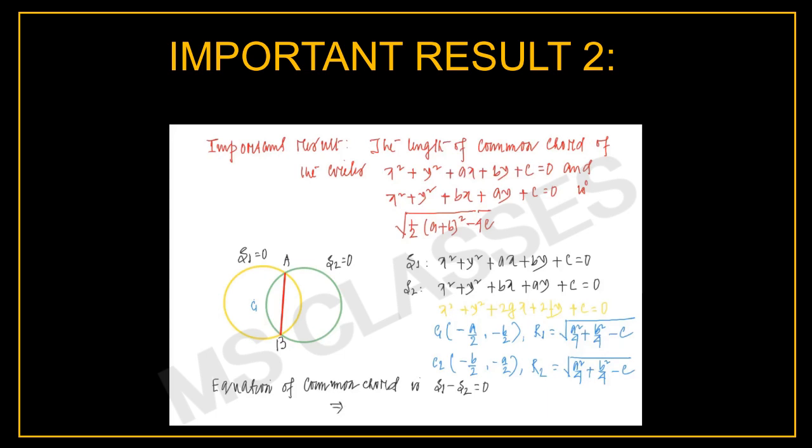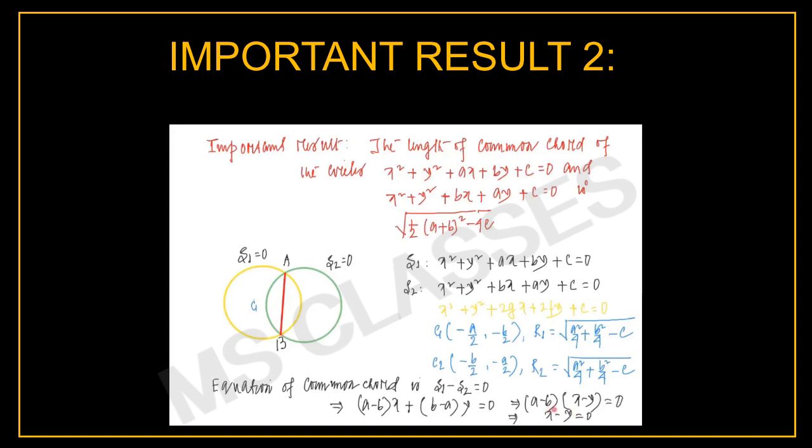From this we get (a minus b) x plus (b minus a) y equal to 0, which we can further simplify as (a minus b)(x minus y) equal to 0. So we get x minus y equal to 0, because a and b are not equal; when a and b are equal, it is the same circle. So we got the equation of AB.